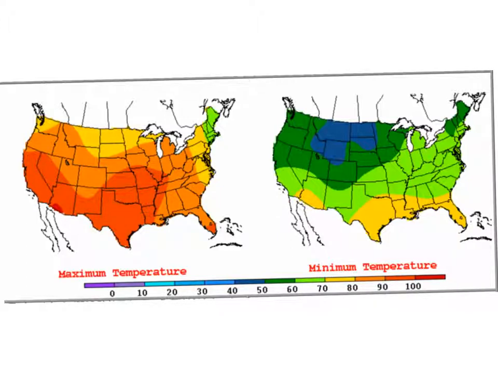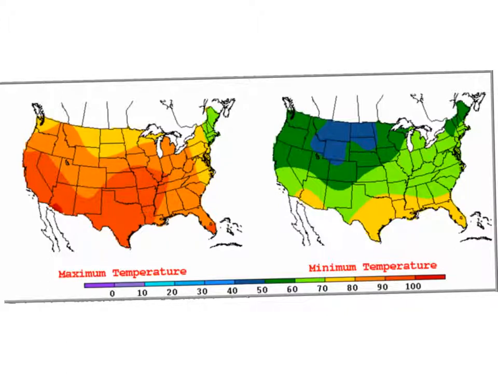From Maine down to North Carolina, the maximum temperature was also 70 to 80 degrees. The orange band in between had a temperature between 80 and 90 degrees.